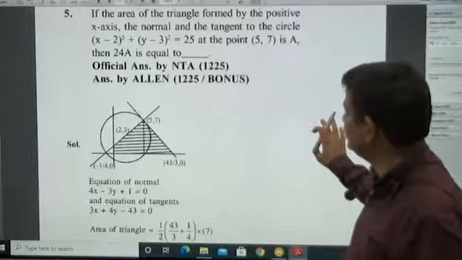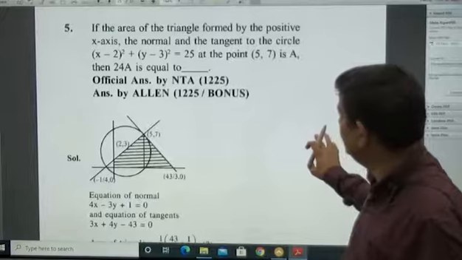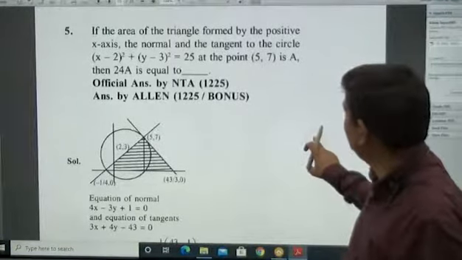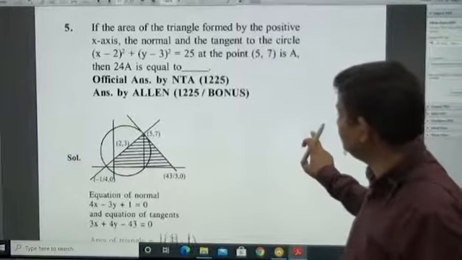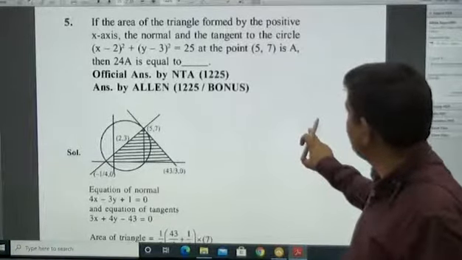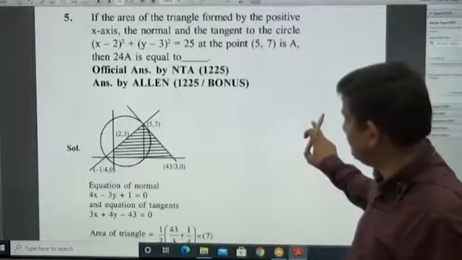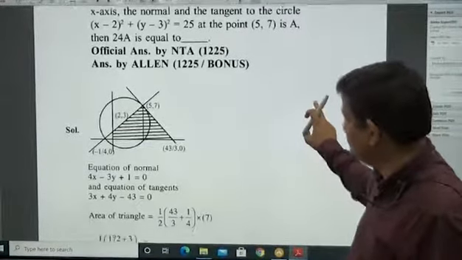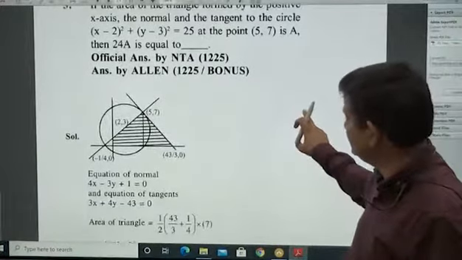The question is wrong, is it? Area of the triangle formed by x-axis, the normal and the tangent of the circle at the point 5, 7 is A. By positive x-axis.